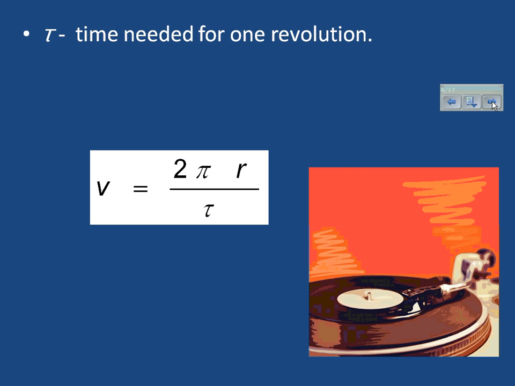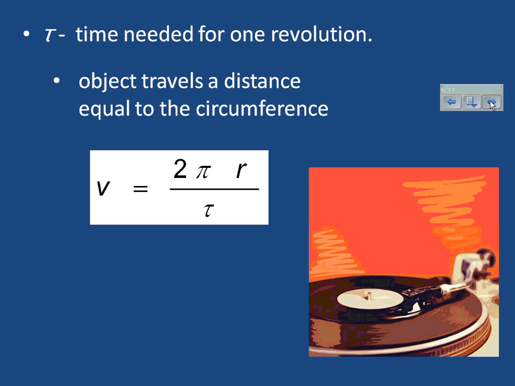If you need the time for one revolution, we call it tau. And so we often have things going in a circle, and to determine their velocity, we need to know their circumference. And you may remember that velocity is the circumference, 2 pi r, over tau. Once you calculate the velocity, you can insert that into your acceleration equation and calculate the centripetal acceleration.